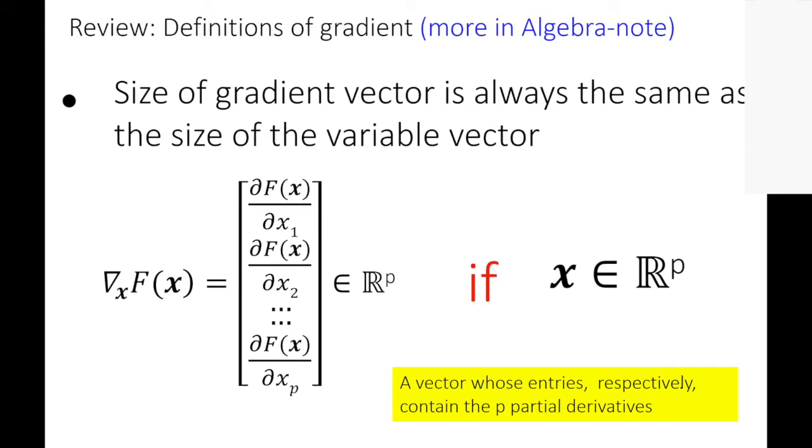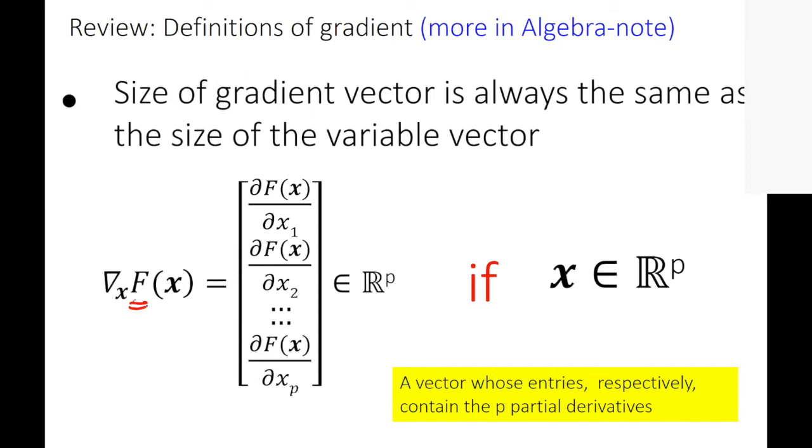Before I jump into the details of the algorithm, let's review the definition of gradient and derivative. I hope you still remember the definition of derivative.